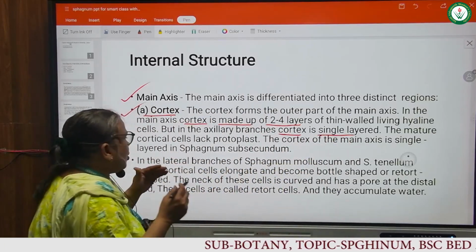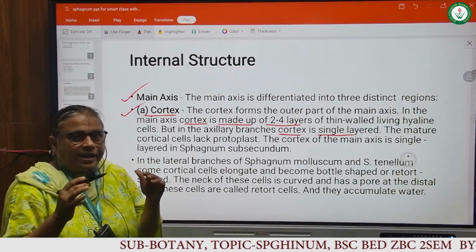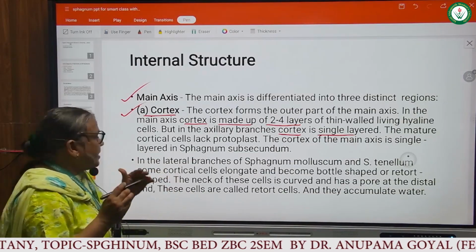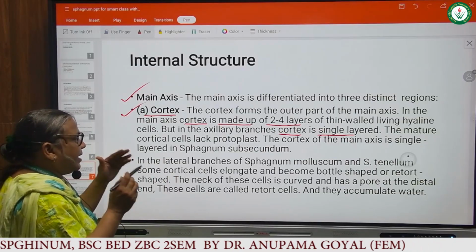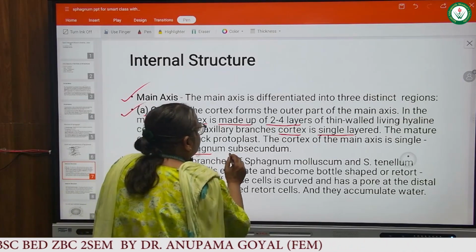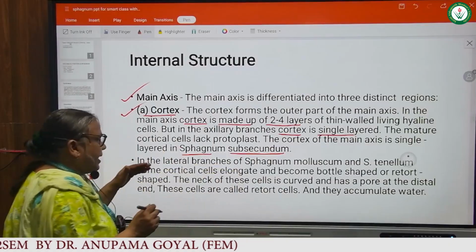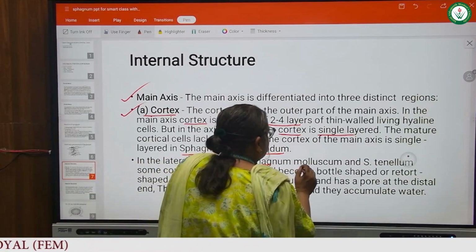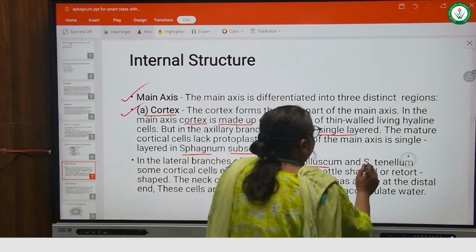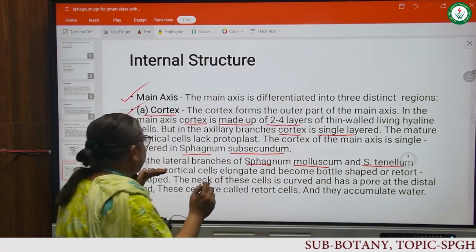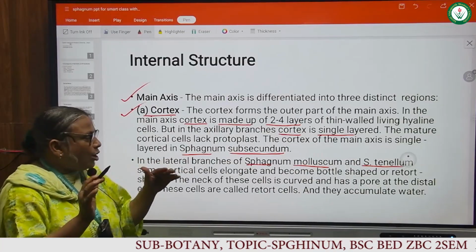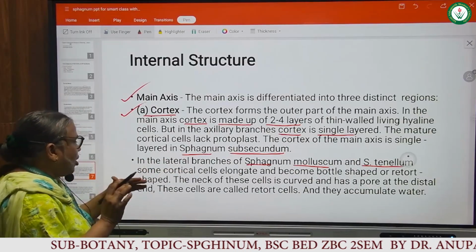The mature cortical cells lack protoplast, and the cortex of the main axis is single-layered in Sphagnum subsecundum. In the lateral branches of Sphagnum molluscum and Sphagnum tenellum, the cortical cells elongate and become bottle-shaped or retort-shaped.